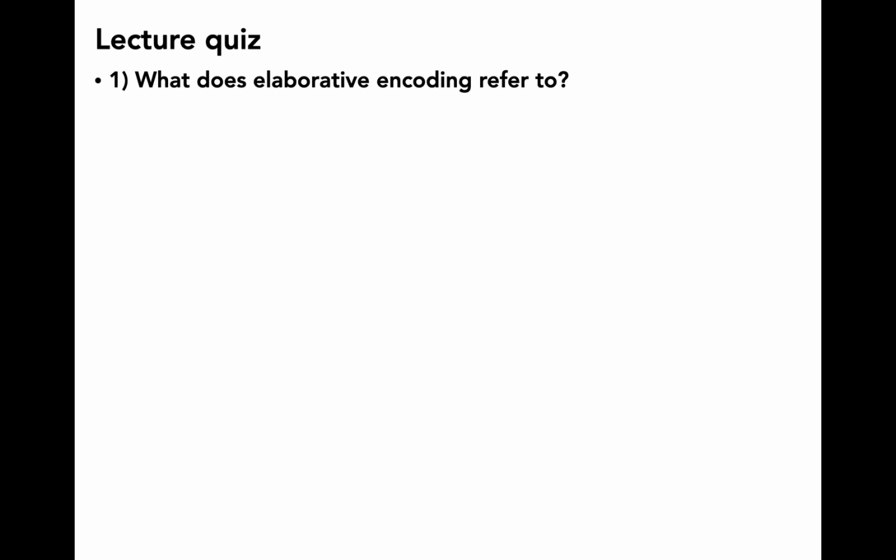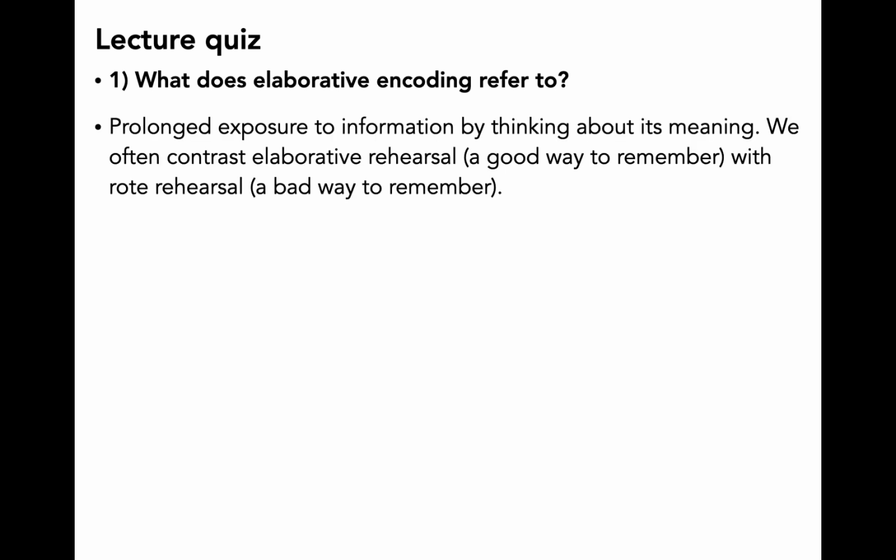Question 1, what does elaborative encoding refer to? Elaborative encoding refers to prolonged exposure to information by thinking about its meaning. And we often contrast elaborative rehearsal, which is a good way to remember information, with rote rehearsal, which is a poor way to remember information.